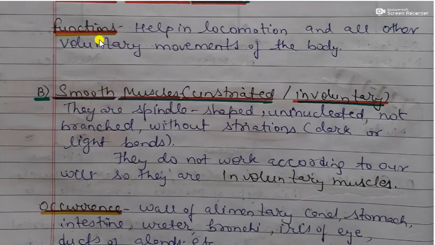The function of striated muscles is to help in locomotion. Locomotion means movement from one place to another, and all other voluntary movement of the body parts. So the body movement is caused due to the presence of striated muscles in a particular organ.